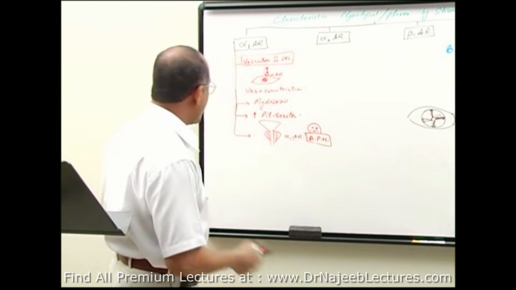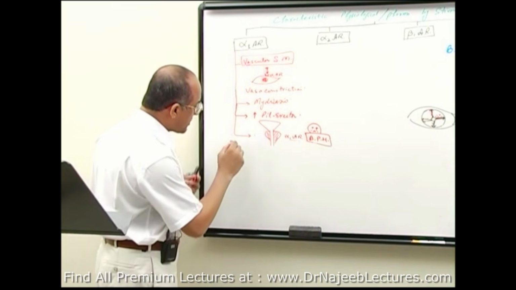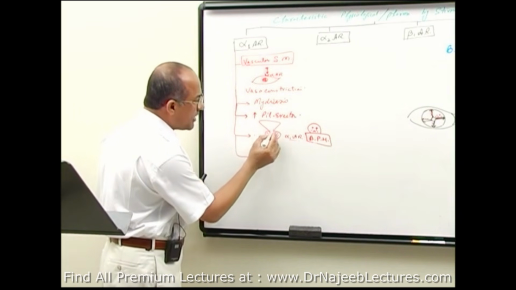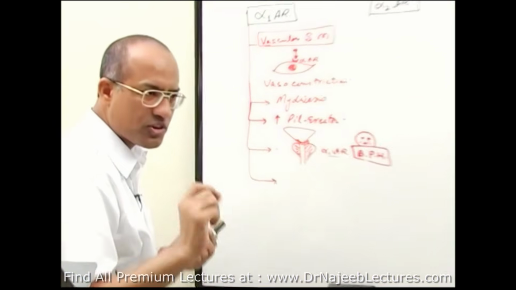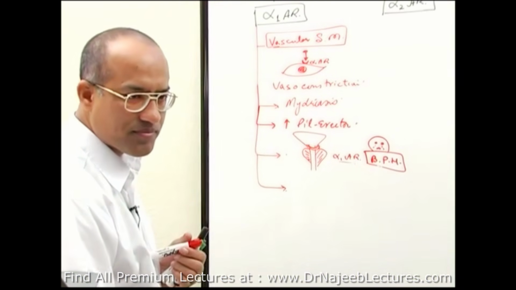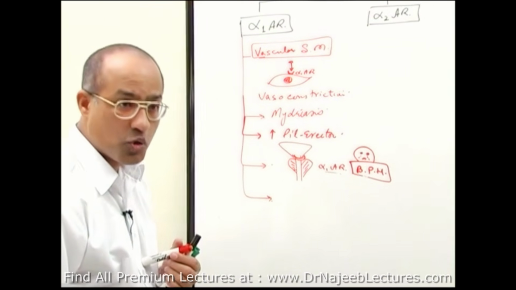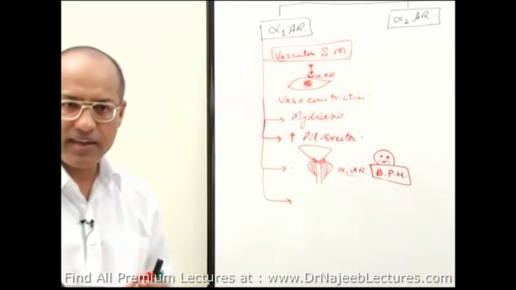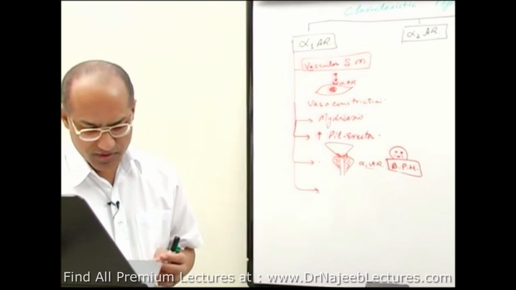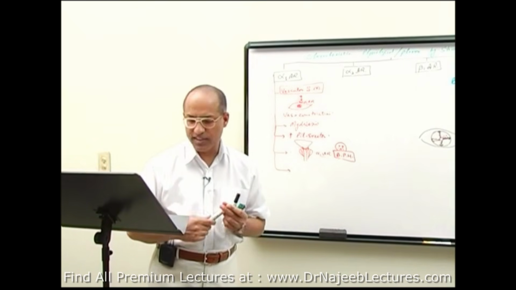Okay. So alpha 1 receptors are also present on the internal sphincter. So an alpha 1 stimulant will increase the tone of the internal urethral sphincter, right? So these were some important alpha 1 actions.